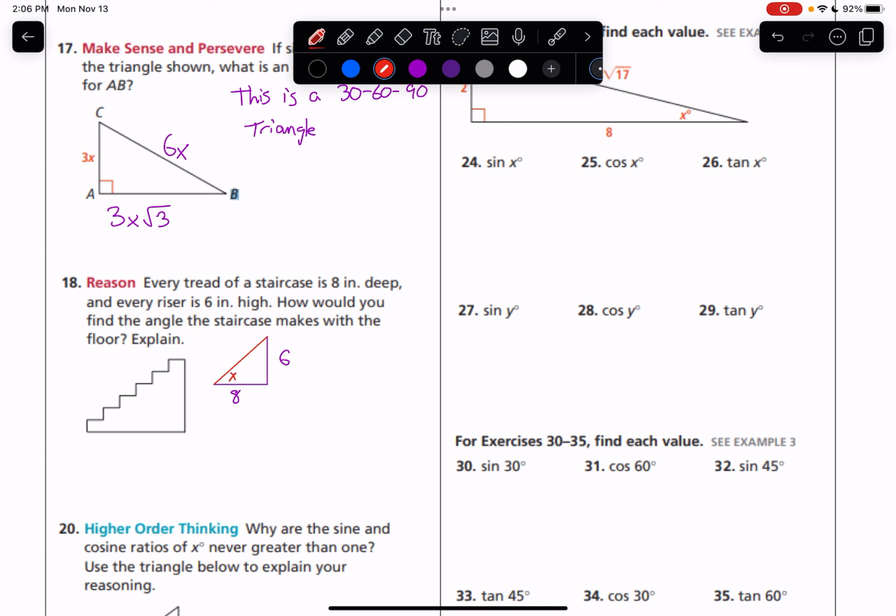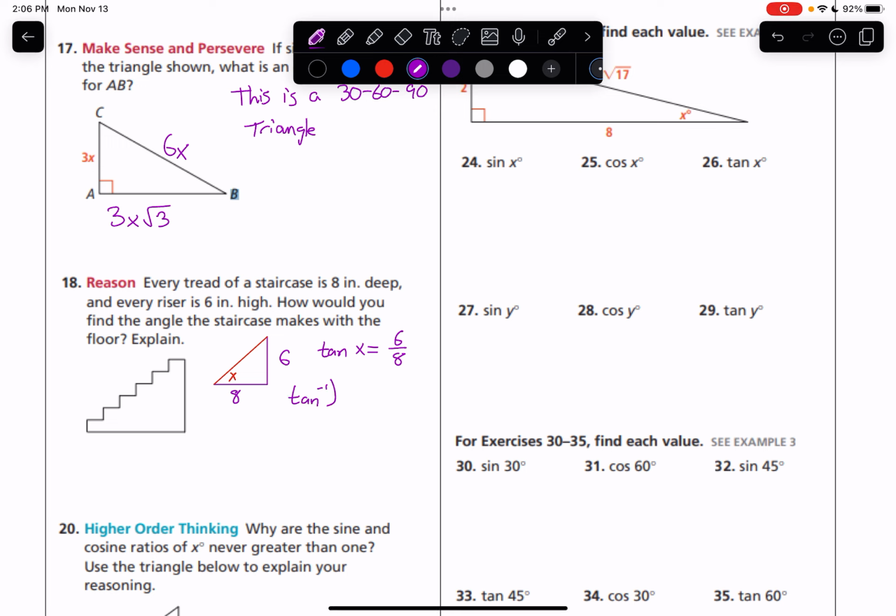If I'm standing on angle X, I know the opposite and I know the adjacent. So the tangent of angle X is equal to opposite over adjacent, which is 6 over 8. If I need to go backwards and find X, I can get rid of the tangent by doing inverse tangent.